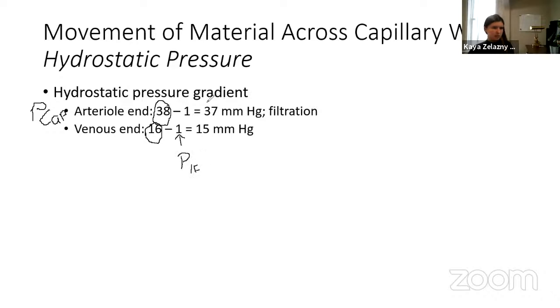We'll see that we have a gradient in those total net hydrostatic pressures from the arteriolar end to the venous end. So we have a much stronger force for filtration at the arteriolar end than at the venous end. Now, it is important that you understand why this is, that you understand the forces influencing this.